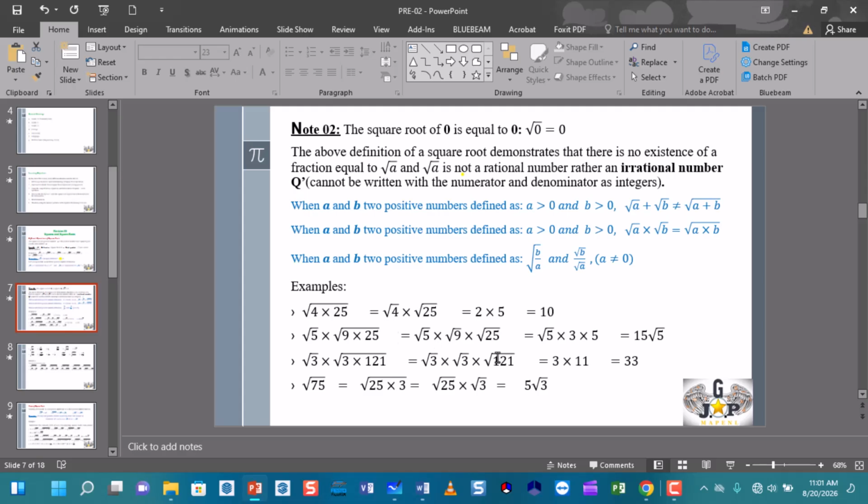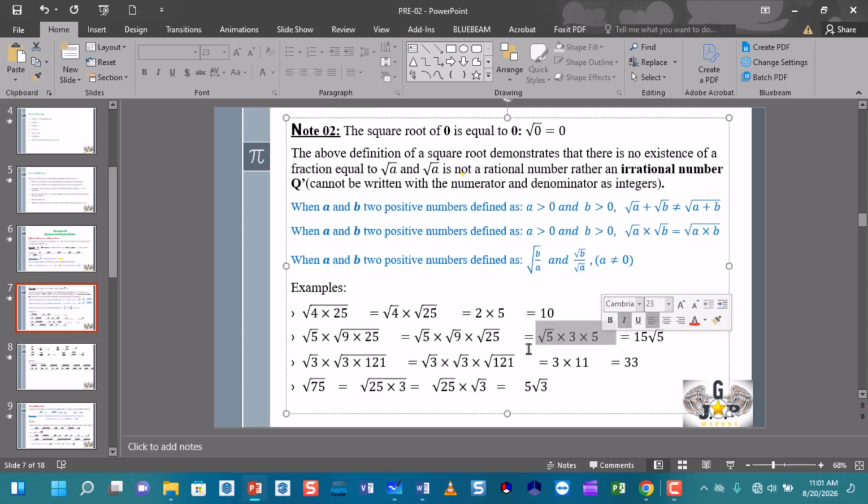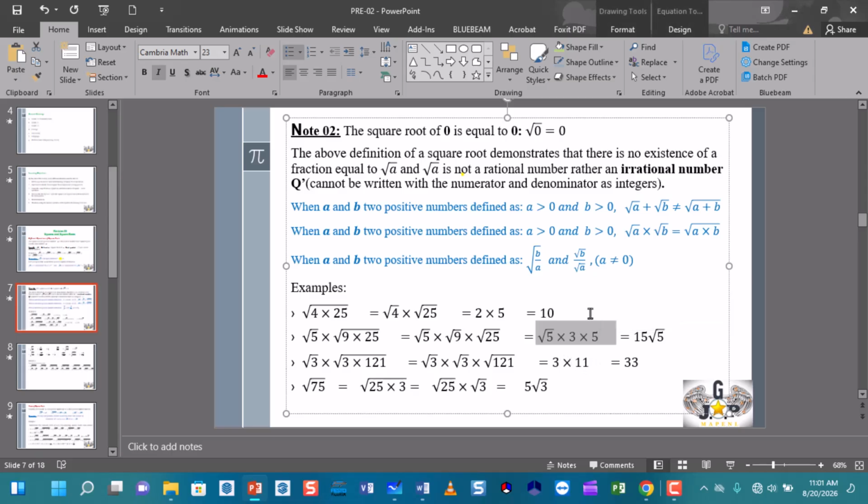So as we go along, the same expression, let's go back to where we were. We were here. So now you will notice that we have the multiplication of a whole number, because 3 multiplied by 5 gives us 15, which multiplies the square root of 5.